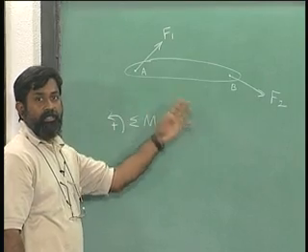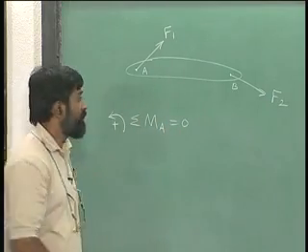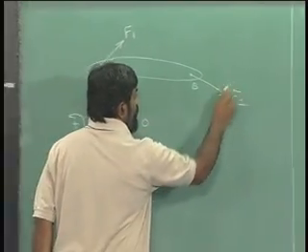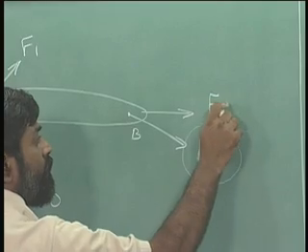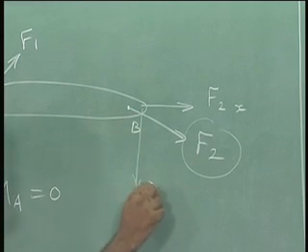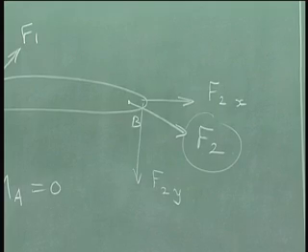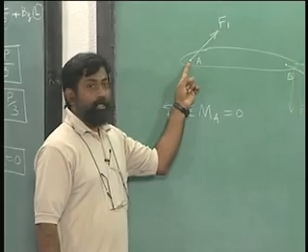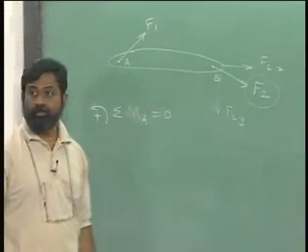We are going to just change this problem a little bit and see whether we can get some simplification. Instead of taking this, let me take a component of this, which is F2x, and a component like this, which is F2y. Let us look at the moment contribution of these 2 components of this force.